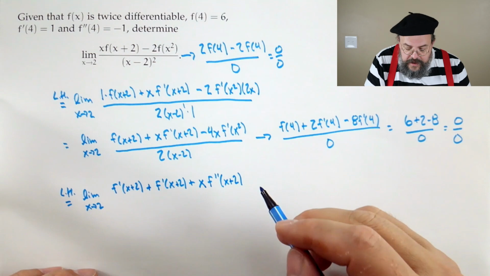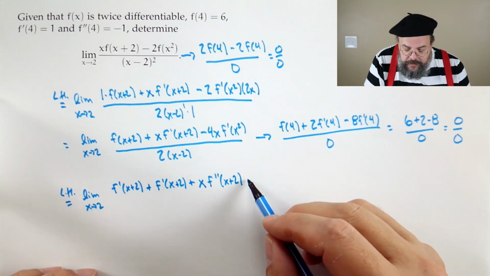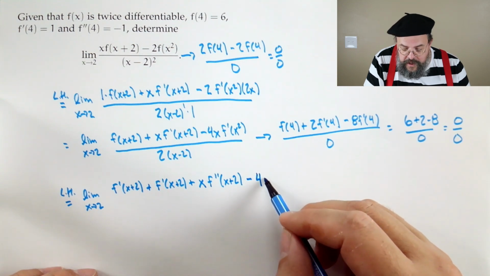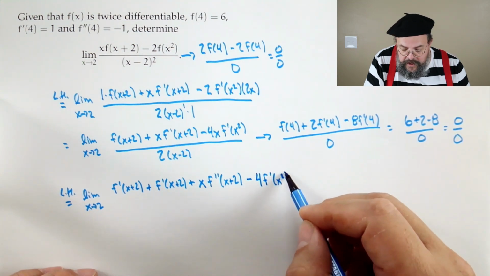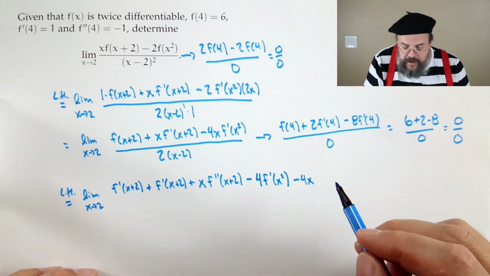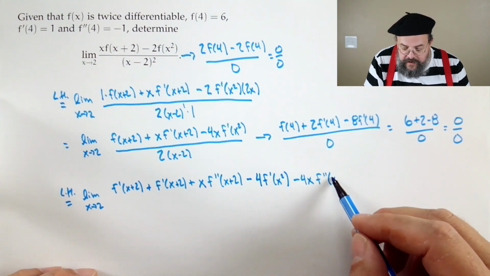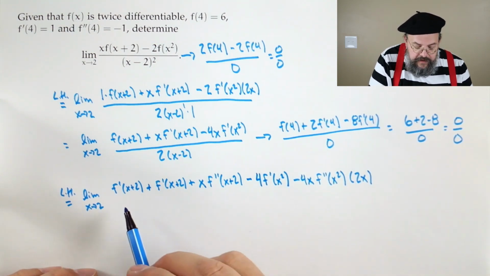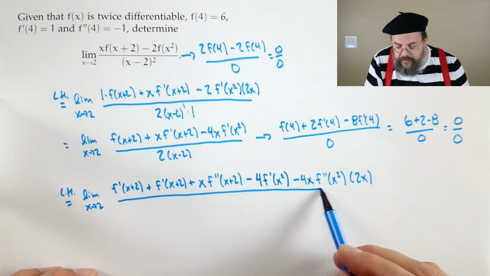Here, product rule. So derivative of the first, derivative of minus 4x would be minus 4 f prime of x squared. And then we have minus 4x f double prime of x squared, but times that by the derivative of the inside, which is 2x, and all of that.